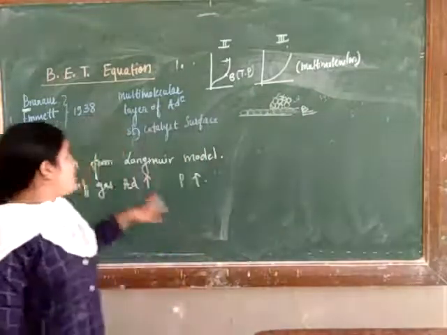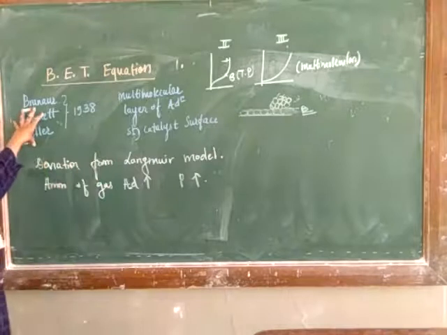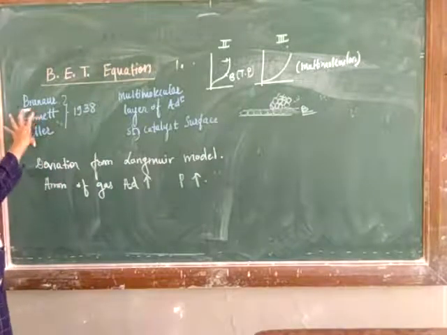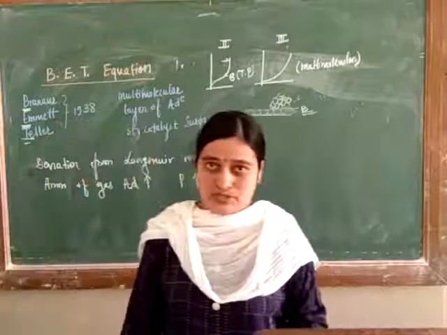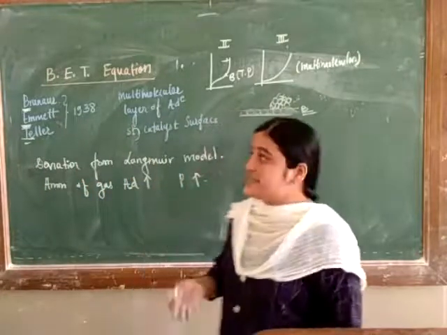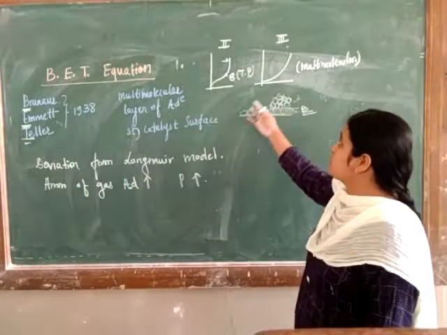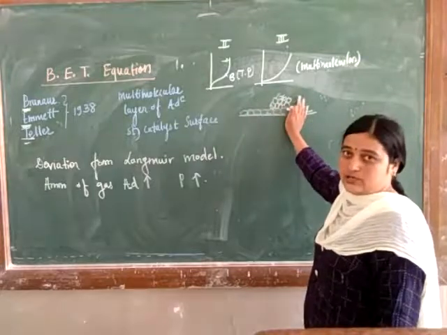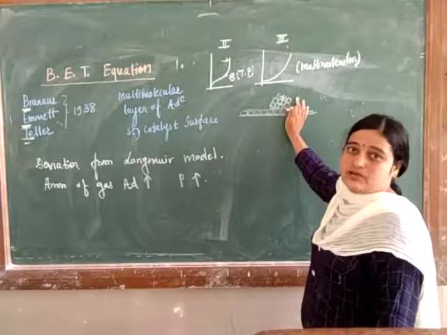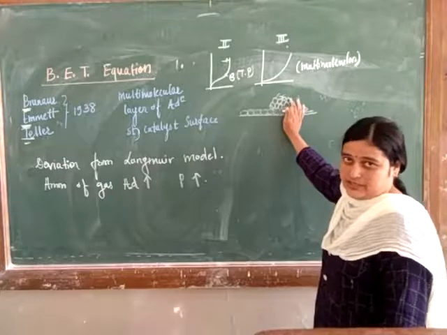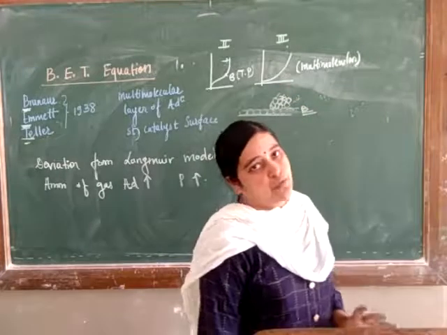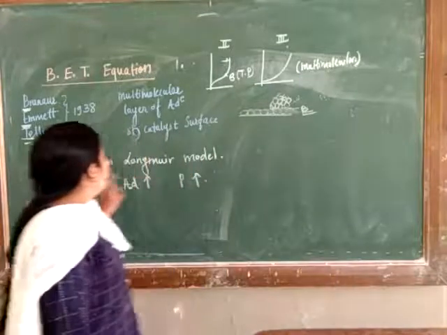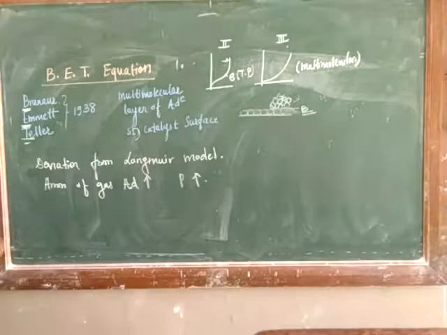They have 6 to 7 postulates which are the exact opposite of the Langmuir adsorption isotherm, because we are seeing in the type 2 and type 3 isotherms the formation of multimolecular layers instead of only a monomolecular layer of adsorption. Okay, let's see what this BET equation indicates.